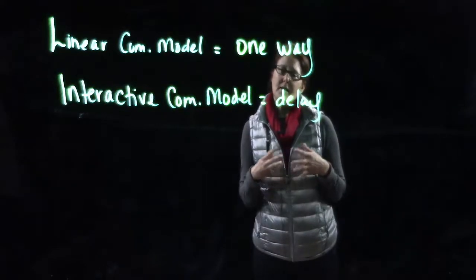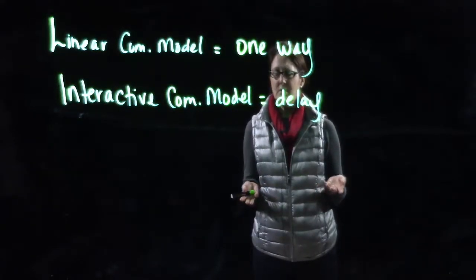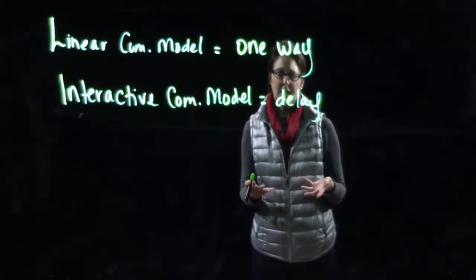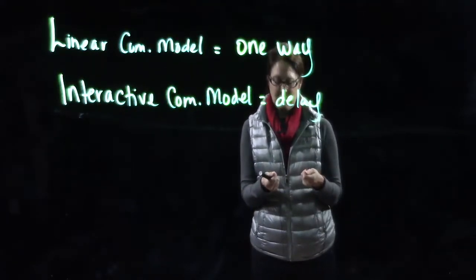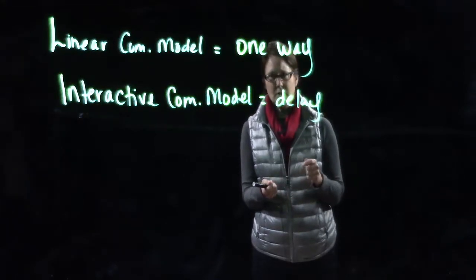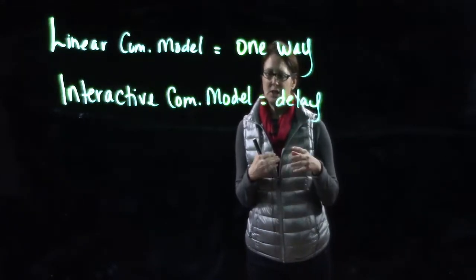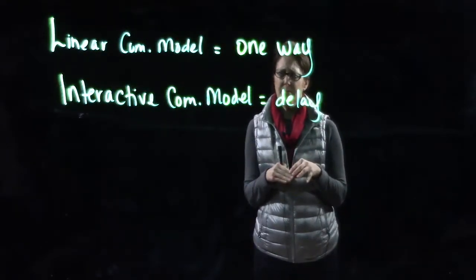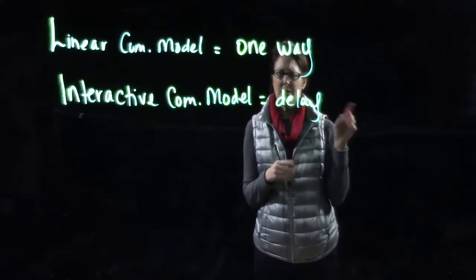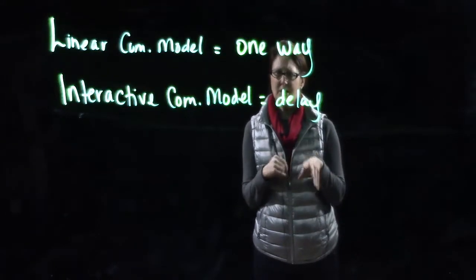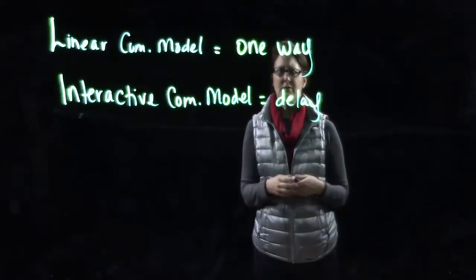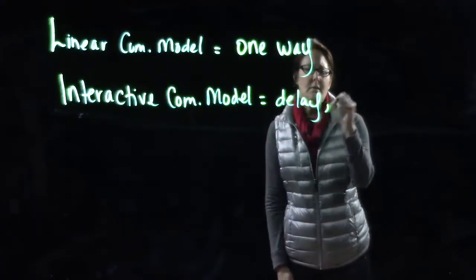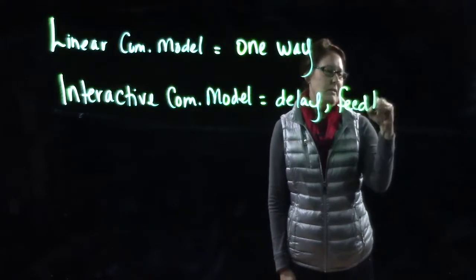A classic example of an interactive communication model would be when you send your friend a text message. They read it, they decide they want to respond, but maybe they have to finish getting their child off to school, or finish typing an email or reply to another friend first, and then they'll get back to you. That would be an interactive communication model. You're getting feedback, but there's a delay.